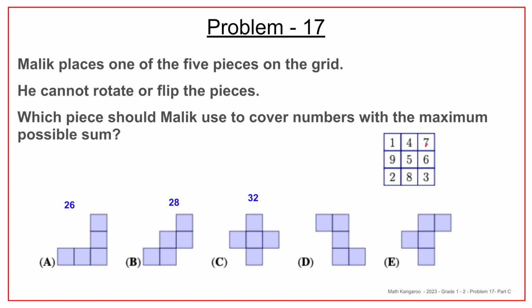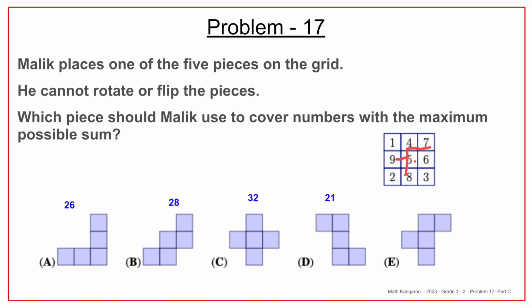Clear the screen. We have 1, 4, 5, 8 and 3. So 1 plus 4, 5, 5 plus 5, 10, 10 plus 8, 18, 18 plus 3, 21. Option D, 21. We have 7, 4, 5, 8 and then we have 9.